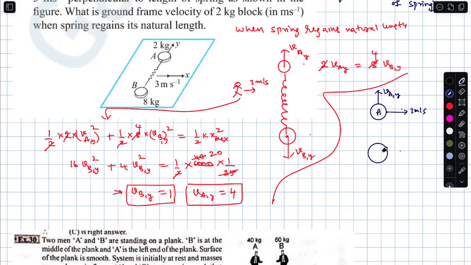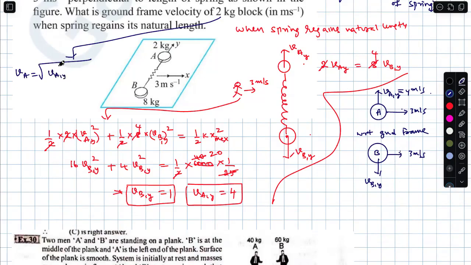For B, you have VBY and 3 meter per second with respect to the ground frame. What do you want to find? Velocity of the 2 kg block, that is A. VAY is 4. So obviously the answer will be VA is square root of VAY square plus 3 square. So this is nothing but 5 meter per second.